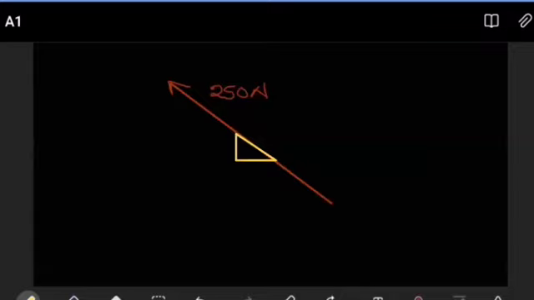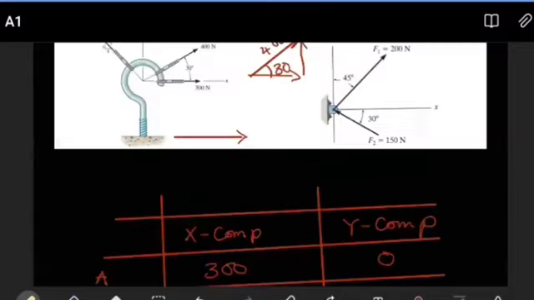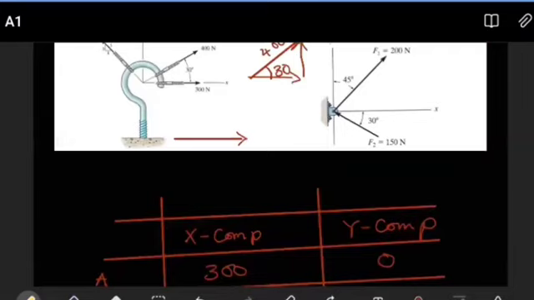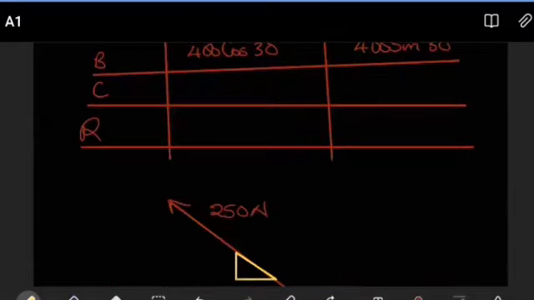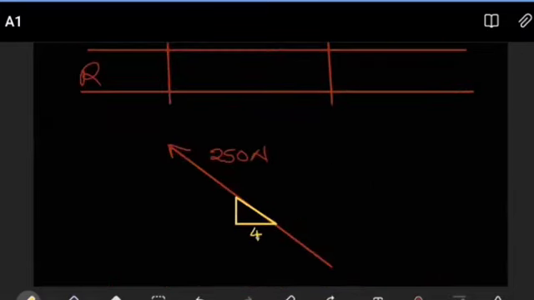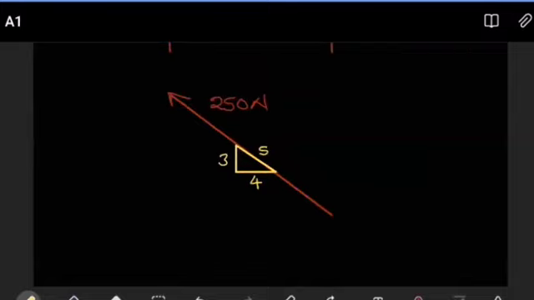So what are they saying about that small triangle? They're saying it has a hypotenuse of 5, base of 4, and vertical part of 3. So this is what we have there.